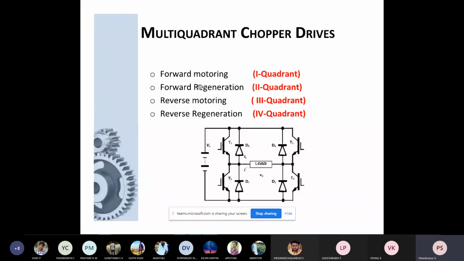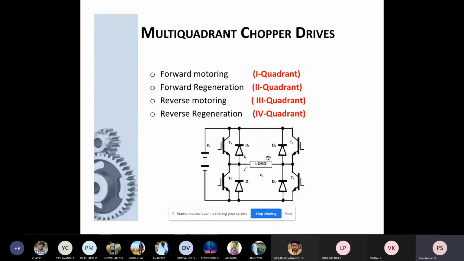So what will happen? If I allow the motor without any input supply, that is, supply is not given, then due to the moment of inertia it continues rotating. I take that power and make the motor act as a generator, taking the power, and that is regeneration.